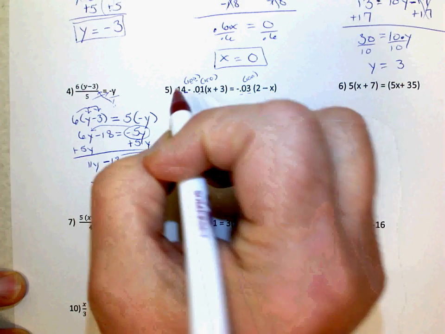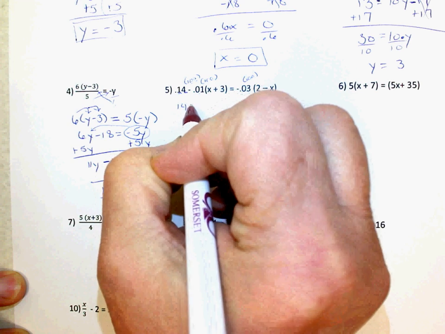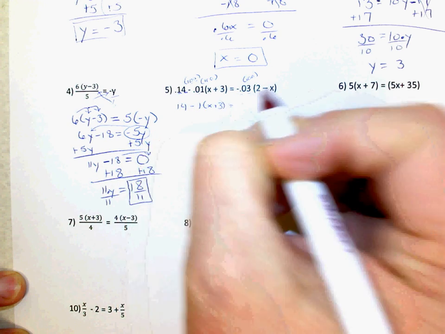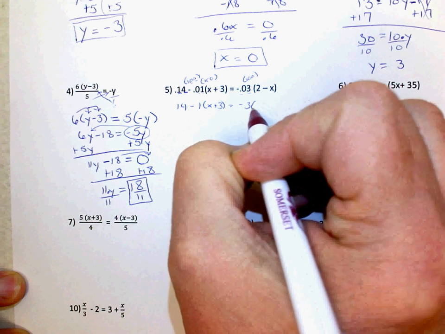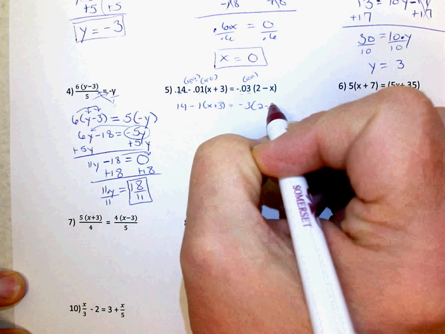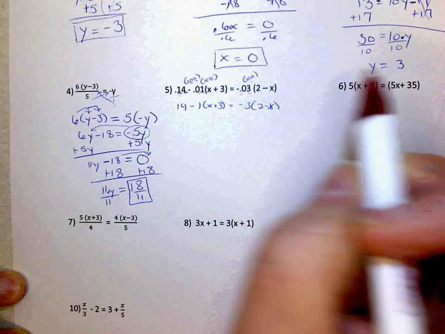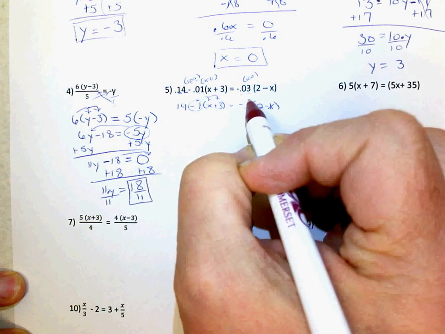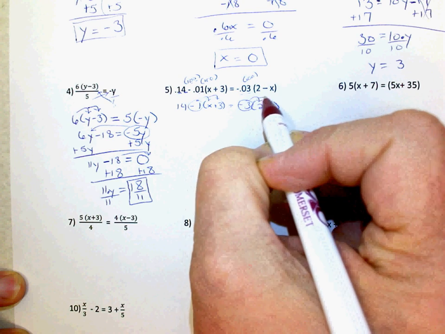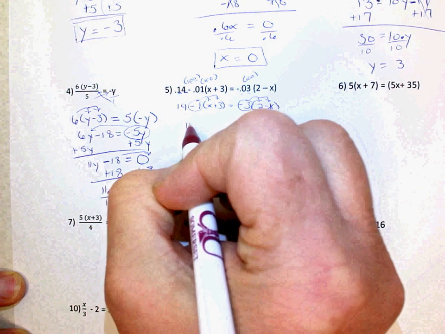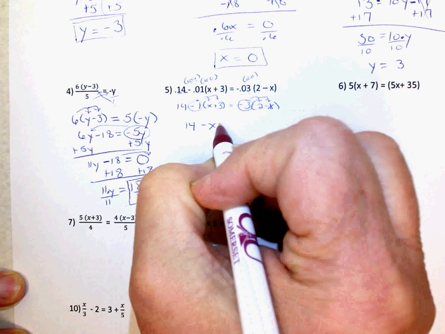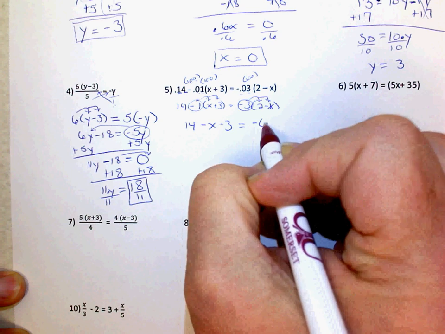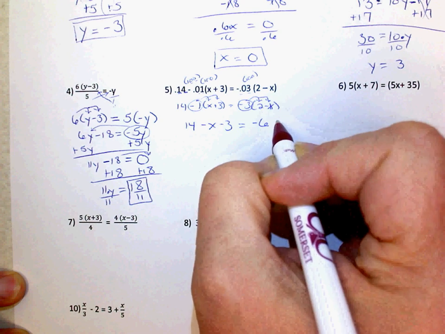So that leaves us 14 minus 1 times x plus 3 equals negative 3 times 2 minus x. Then we distribute the negative 1 on the left and the negative 3 on the right side of equals, and that gives us 14 minus x minus 3 equals negative 6, and a negative times a negative is a positive 3x.